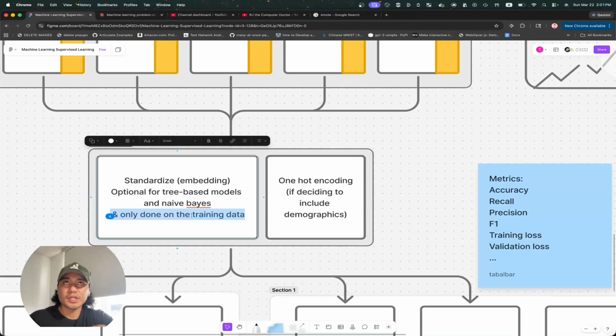But if you were to standardize data that you receive from a different population, then it's not going to map one-to-one with the standardization that you already pre-processed the model from.